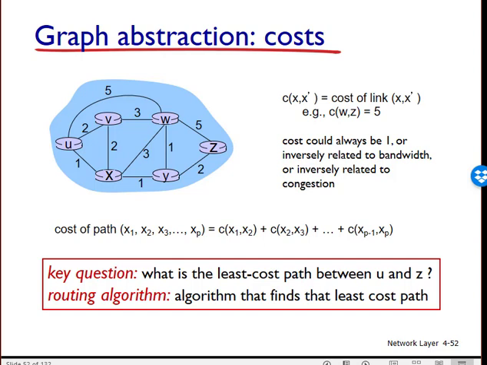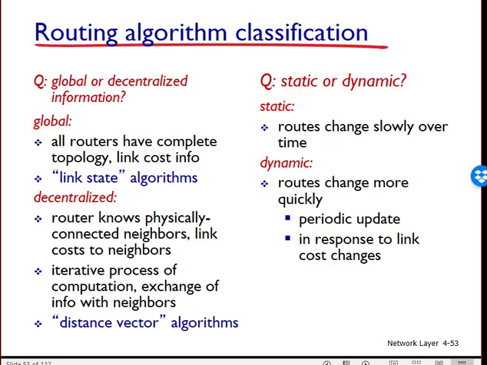Did you actually check all 17 possible paths between U and Z? Probably not. Such a calculation is an example of a centralized routing algorithm. The routing algorithm was run in one location, your brain, with complete information about the network.